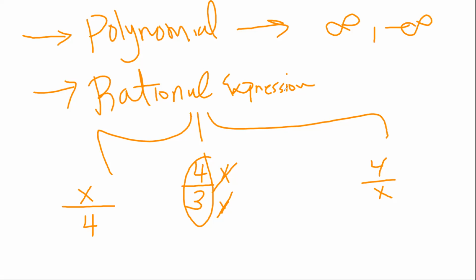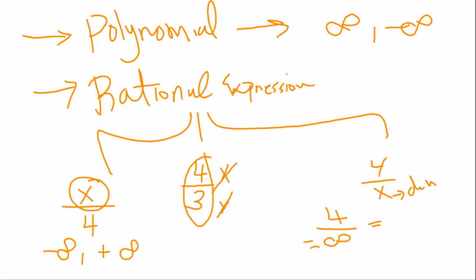If we have x in the numerator, like 2x over 3, I just evaluate the infinity, so the answer could be negative infinity or positive infinity. If we have x in the denominator, we have 4 over infinity, and 4 over negative infinity or positive infinity is always 0.